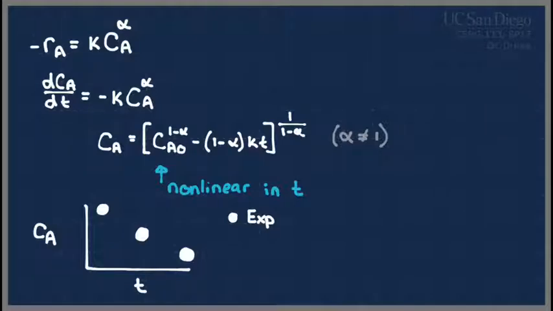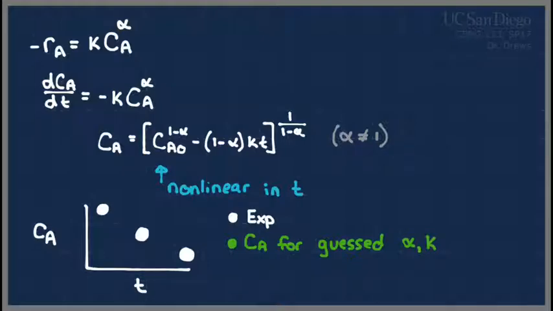In a nonlinear regression, what you do is you simply guess values for alpha in this particular case and guess a value for k. So let's see what color I'm going to do. We'll do green. The green points will be CA for some guessed value of alpha and k.